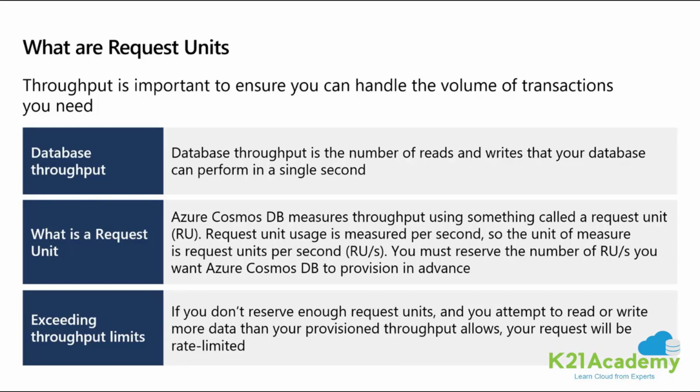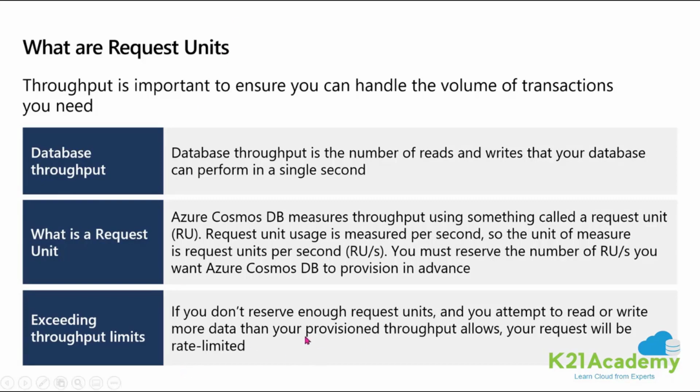Request unit means amount of resources. Amount of resources can be any resource: CPU, RAM, IOPS, storage, anything behind the scenes which is required for you to read or write with some sort of throughput. So we pay in request units. You can assign request units to your database or the containers, and you will be able to read, write accordingly.